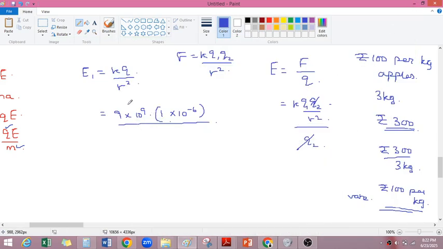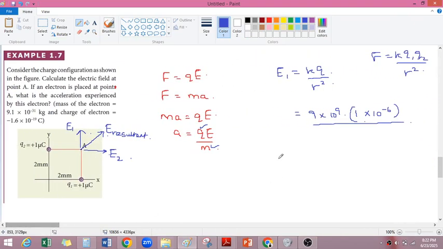Okay, coming back to this question, R is 2 millimeter. 2 millimeter means 2 into milli. Milli means 10 power minus 3, the whole square. That is your E1. I know that E2 will also be the same. Only thing, the direction is different. So the E resultant will be, okay, maybe we can simplify this a little bit.